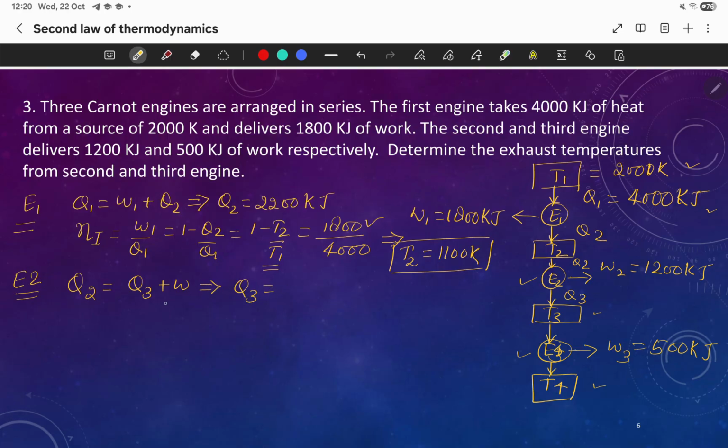We have W2, already given here, and we know the Q2 value. Now just calculate the Q3 value, and we will get 1000 kilojoule.